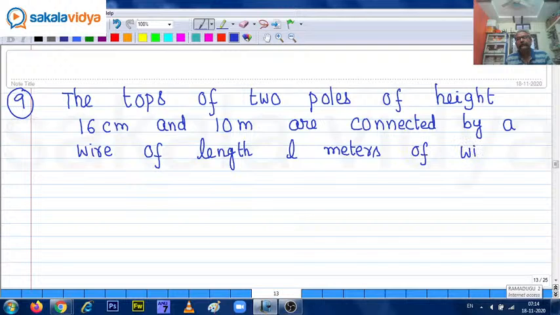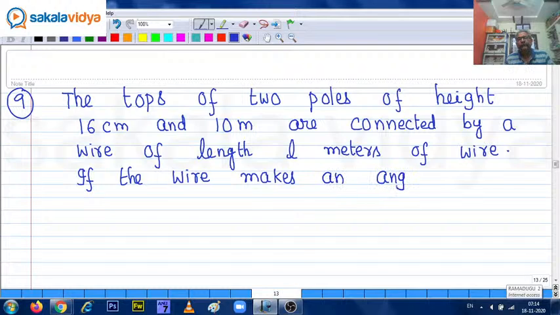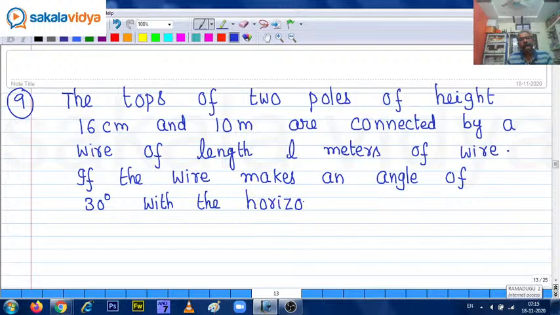If the wire makes an angle of 30 degrees with the horizontal, then L is the length of the wire we need to find out.